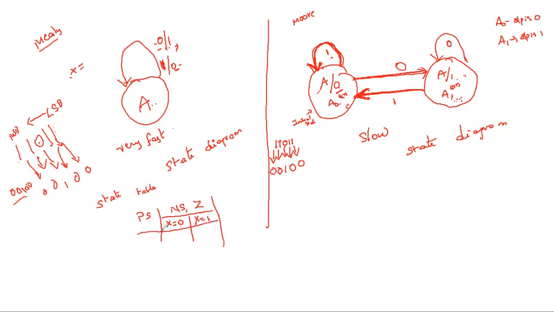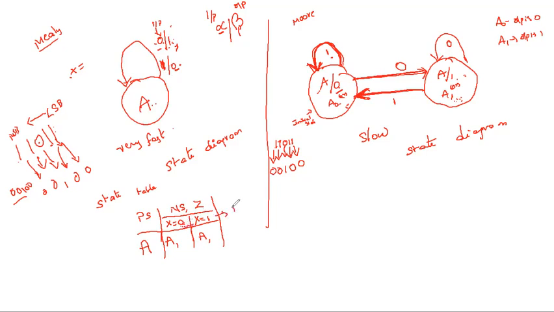Now we have only a single state, so the present state is A only. Next state is also A for both conditions, because we have a single state only. Whenever input is 0, what is the output? The entry is next state, output.